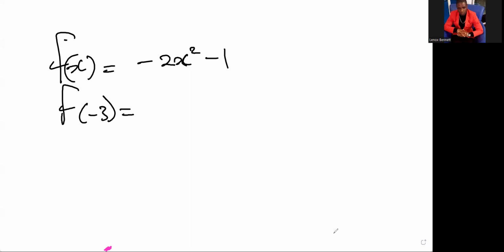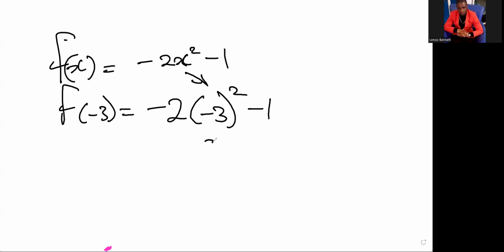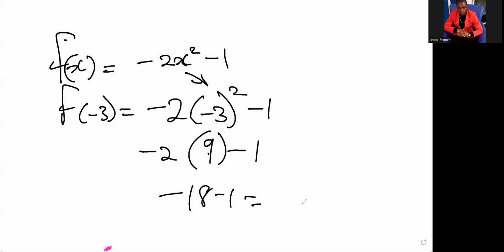All right, so we're supposed to plug negative 3 for x, right? So this is how we set it up. According to the rule, we have to put the power part first. So it will be negative 3 times negative 3, that's positive 9. So guess what? Negative times positive, negative. Both of them negative, so we add and keep a negative. Alright, so I'll end that tonight, guys. Everybody get some rest and see you guys on Sunday.